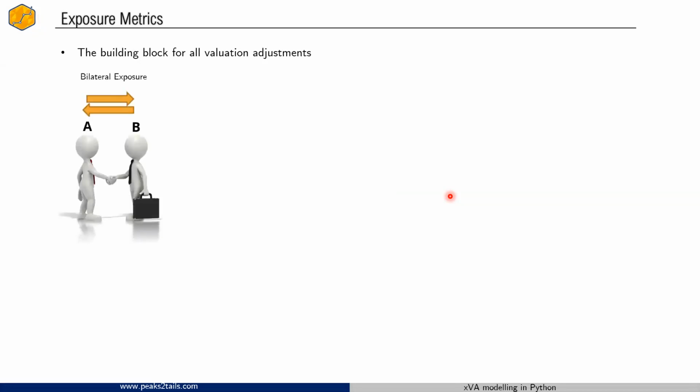When A and B are the two parties that get into a trade, we have a bilateral exposure, obviously, because this is a derivative. Exposure swings both ways. It's not the plain vanilla loan instrument where only the bank has exposure. This is a derivative. Today I owe you money, tomorrow maybe you owe me money, right?